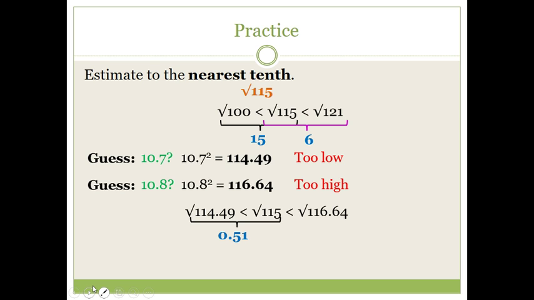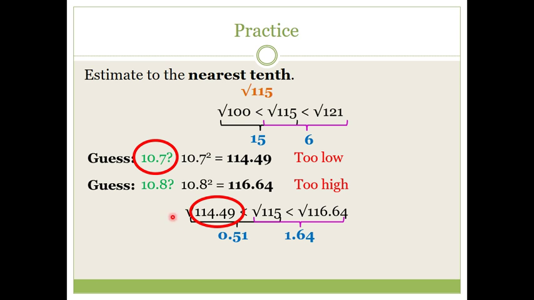We see that 114.49 is only 0.51 away from 115, while 116.64 is 1.64 higher than 115. So now we know that the guess of 10.7 was closer than 10.8. And so we know that this answer is going to be 10.7 rounded to the nearest tenth.